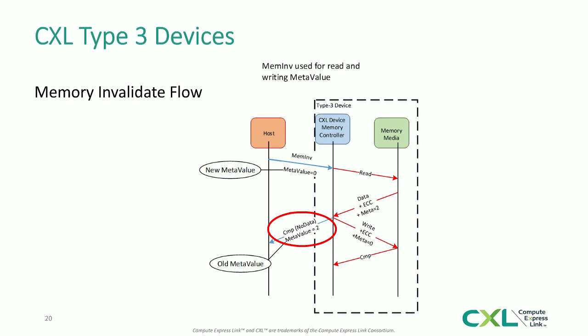And this is just a completion. There's no additional data component here. And this will include the old value of the metadata. And then the CXL memory device will issue a write with its associated ECC and the new metadata value. And then finally, if needed, the memory device will send a completion back.